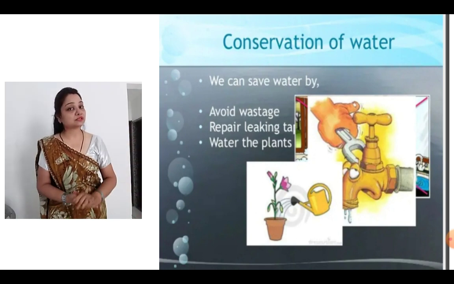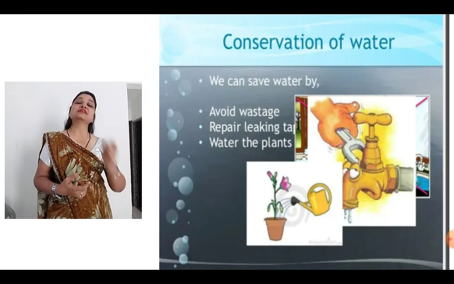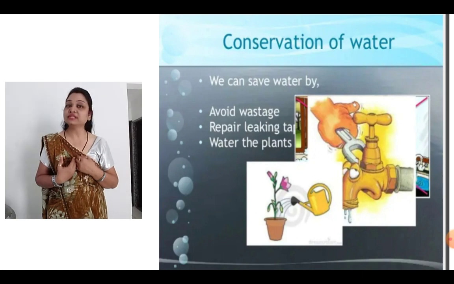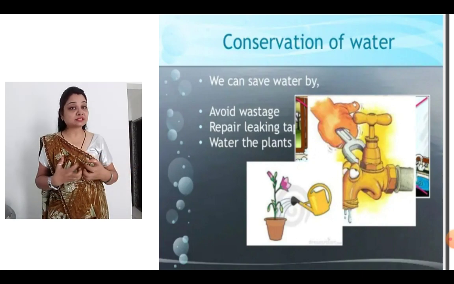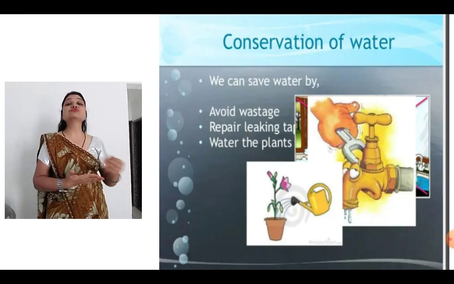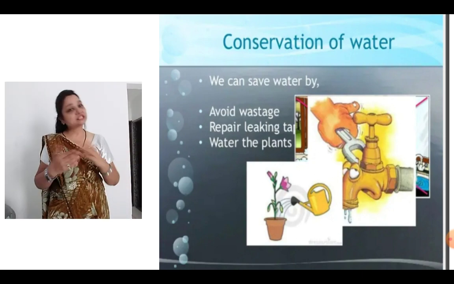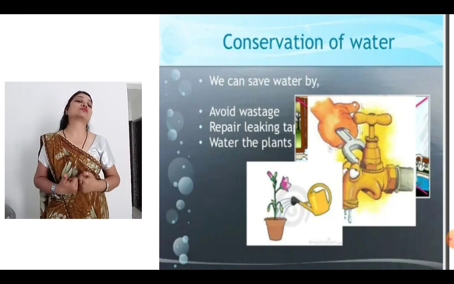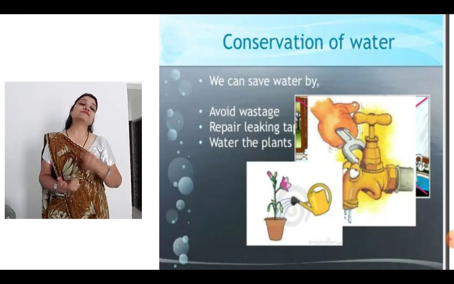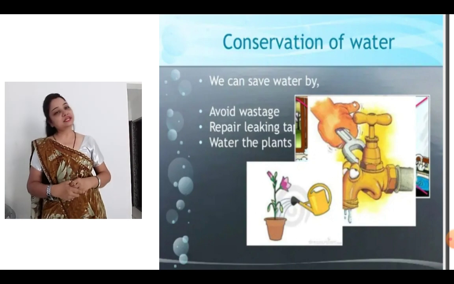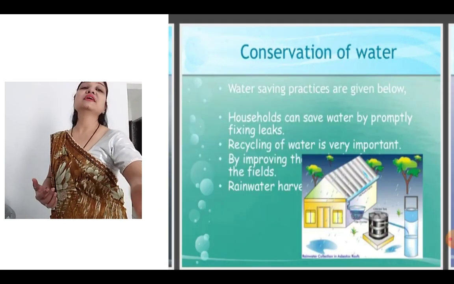It should be a very limited amount of water as required. Like our body, we don't eat too much at one time. We eat 3 to 4 times a day, small bites of food, right? In the same way, plants don't require a lot of water at one time. We should give them less water at intervals. That is how water can be conserved.